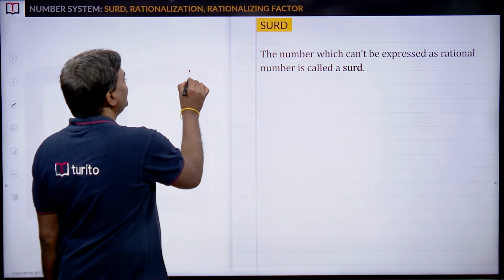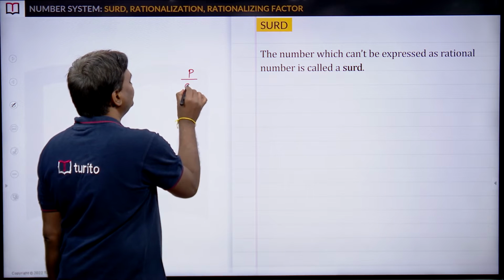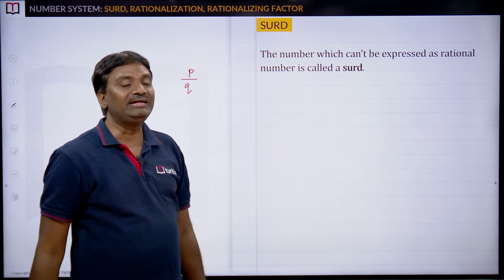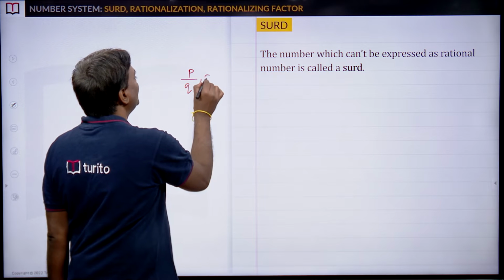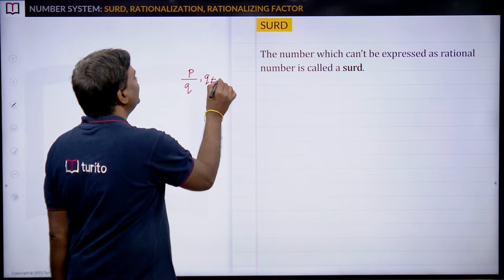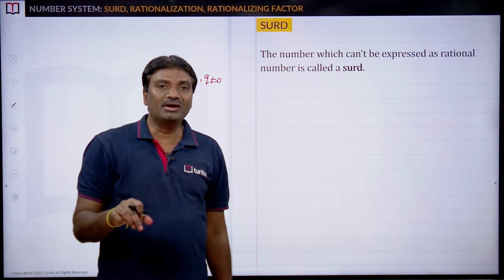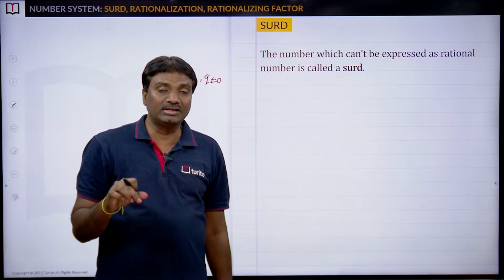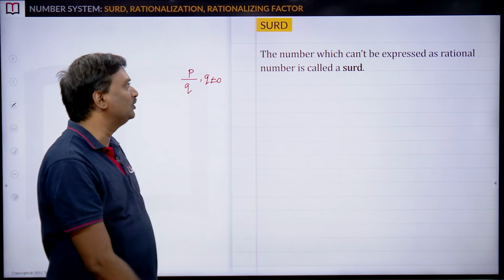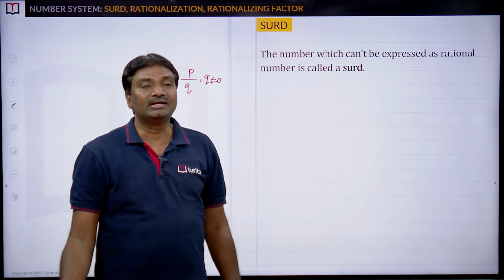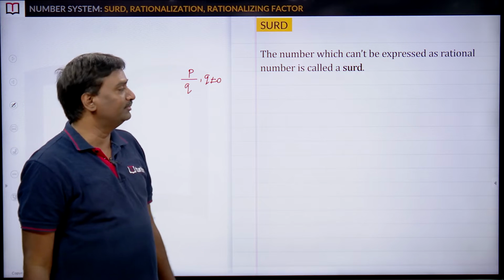What is the form of a rational number? P by Q. If P and Q are integers and Q is a non-zero number, then we can say that is a rational number. If we are not able to express the number in the form of P by Q, then we can say that number is a surd.